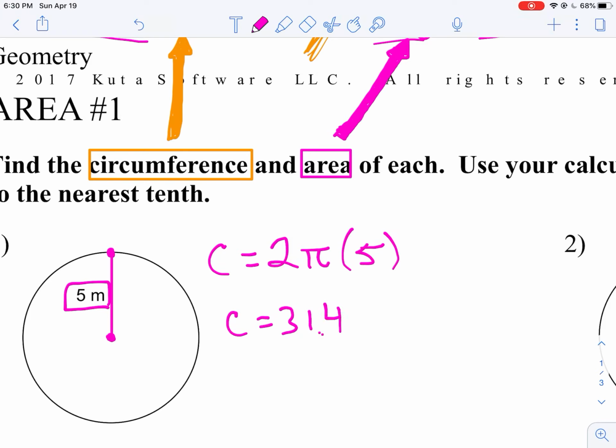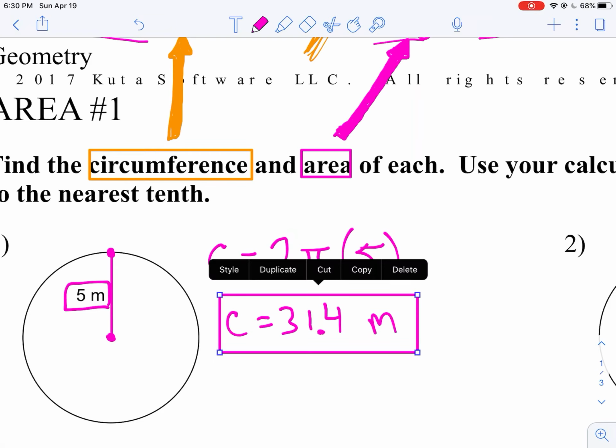It was 31.41, but I rounded it to the tenths as I believe the directions said. And then don't forget to put units at the end. 31.4 meters is the circumference. Now, I want to make a cool box.